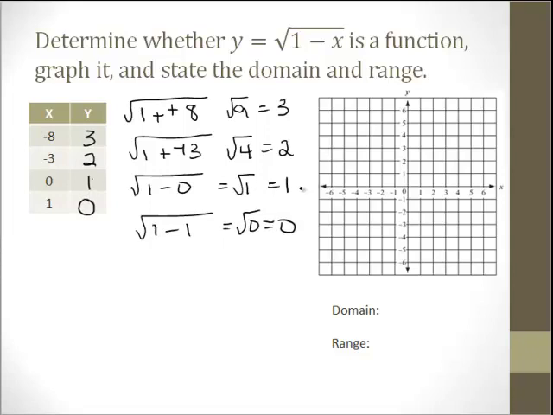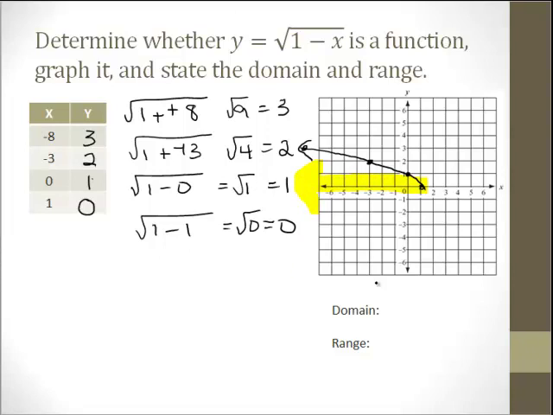Plot these points. So we have negative 8, 3, somewhere up here. We have negative 3, 2, 0, 1, and 1, 0. So this graph looks something like that. So what's the domain? All the x coordinates. The x coordinates are these, and then continuing to the left.